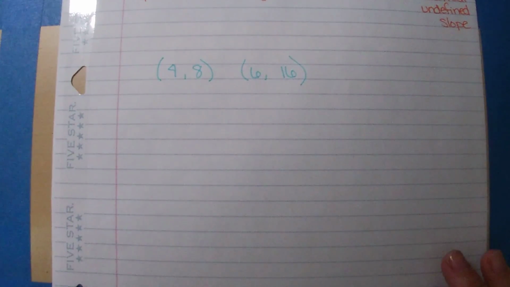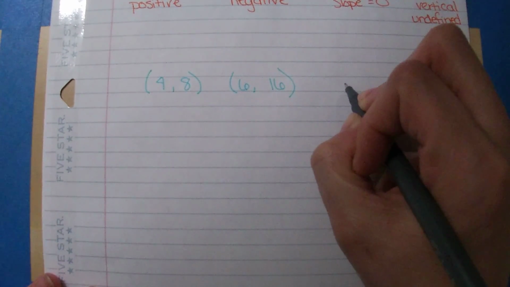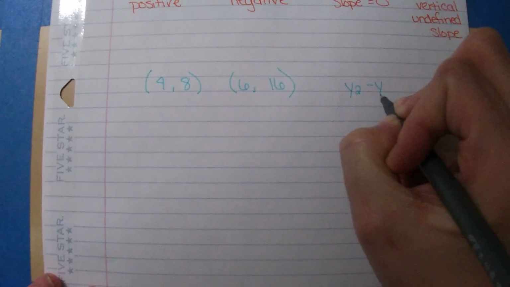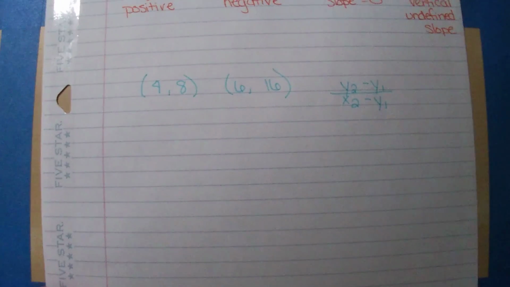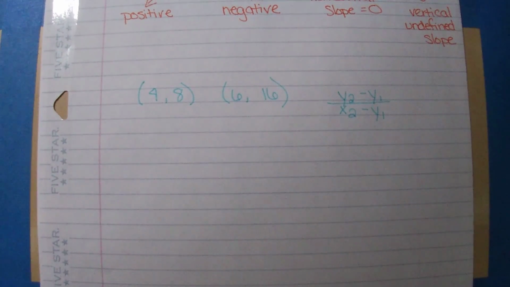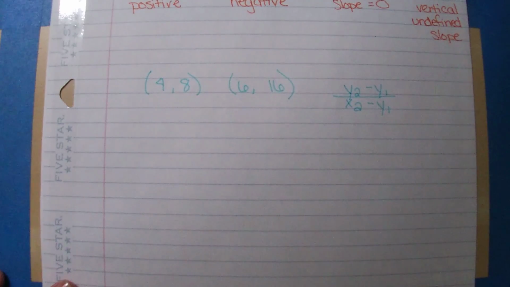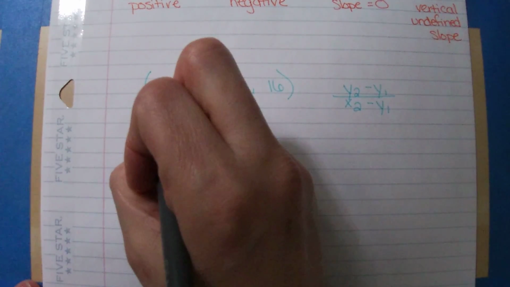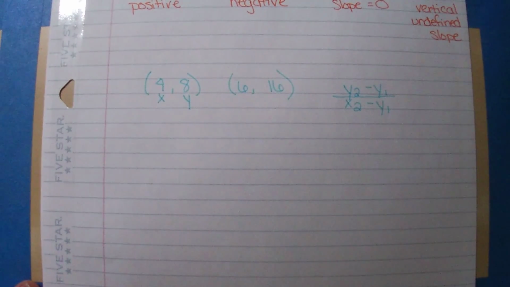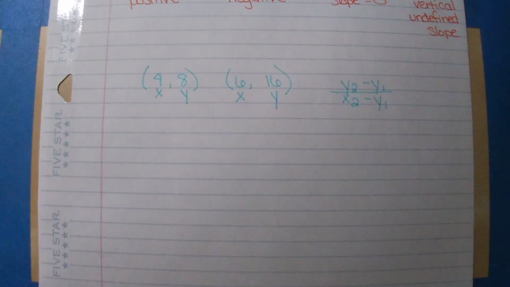Whenever we are asked to find slope between 2 points, we are going to want to use the formula y2 minus y1 over x2 minus x1. It's that same formula we wrote down up here. What this says is that every ordered pair has a value that is an x and a y. The x always comes first, and the y always comes second.